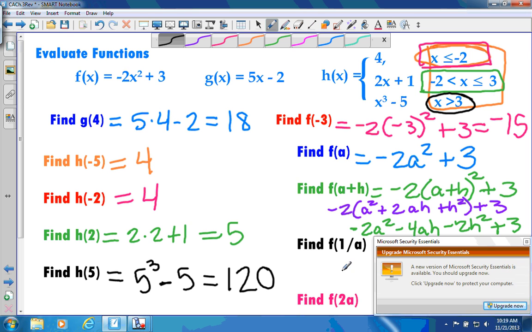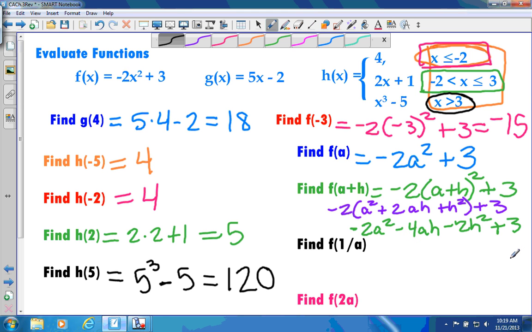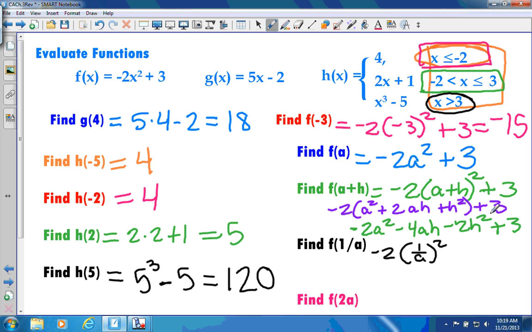And if you have f of 1 over a, that would become negative 2 times 1 over a squared plus 3. When you square 1 over a, you're going to get 1 over a squared. So then you will have a negative, and times negative 2 would get you negative 2 over a squared plus 3.